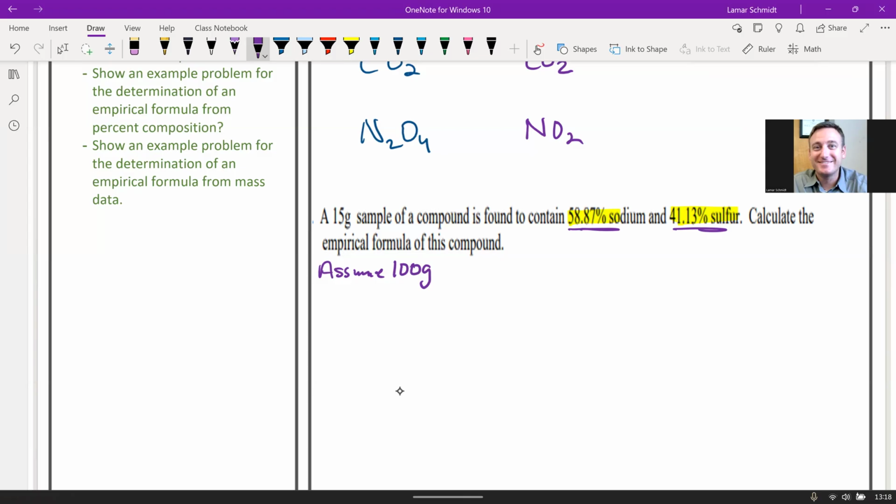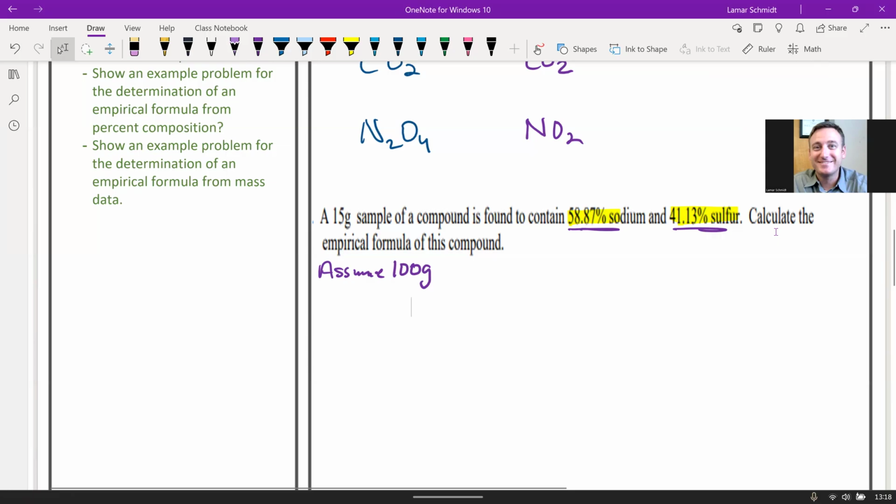Do you see that? Because 58.87% sodium out of 100 grams is 58.87 grams. Does it matter that we change the mass? No, because the composition remains constant, independent of the sample size. So we can avoid multiplying 15 times those percentages.